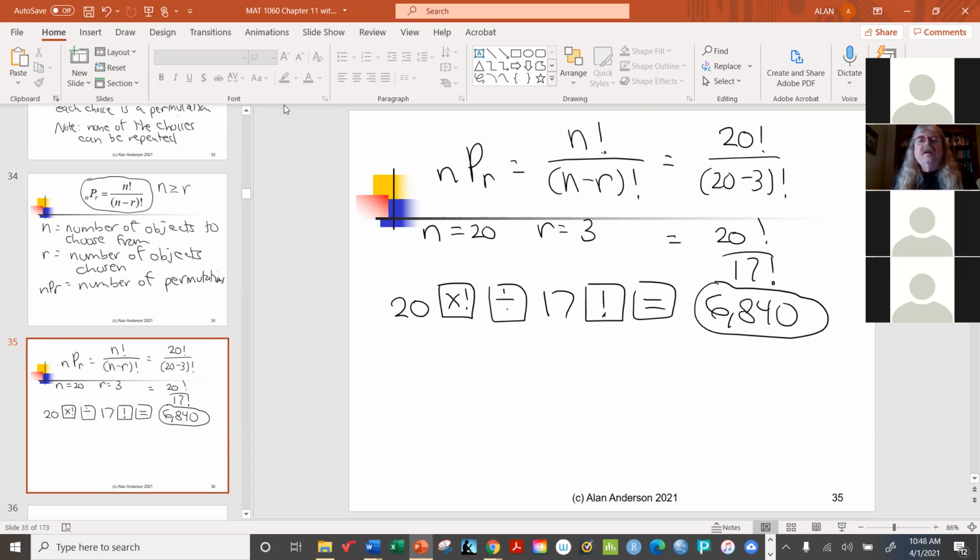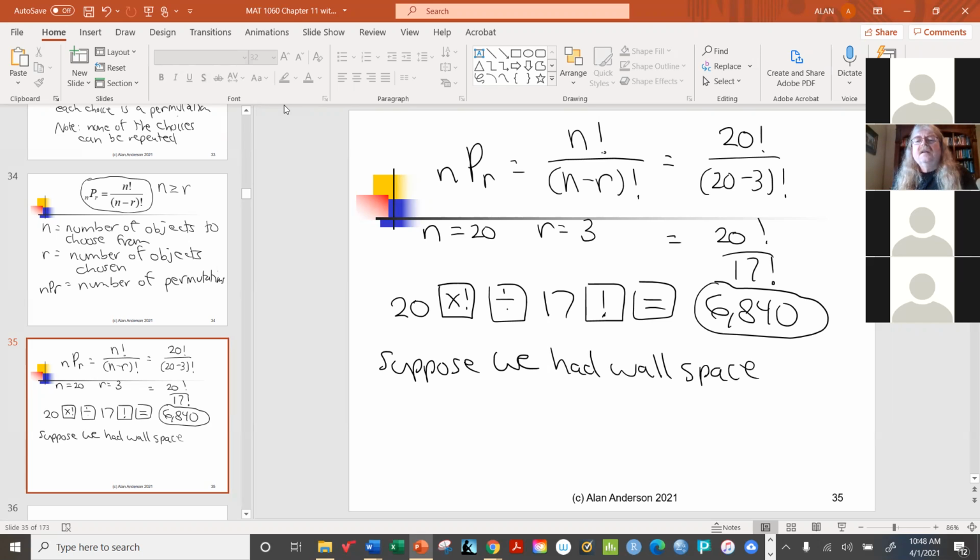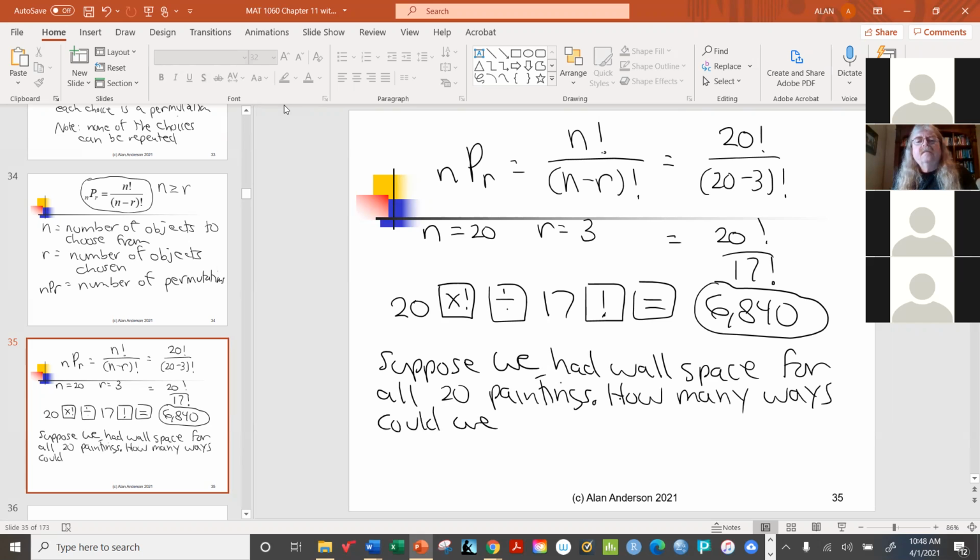By the way, just out of curiosity, suppose we had wall space for all 20 paintings. Imagine you live in a humongous mansion. Suppose we had wall space for all, this is just for the fun of it, for all 20 paintings. How many ways could we hang them? That would be 20 factorial, because then each choice would be an arrangement.